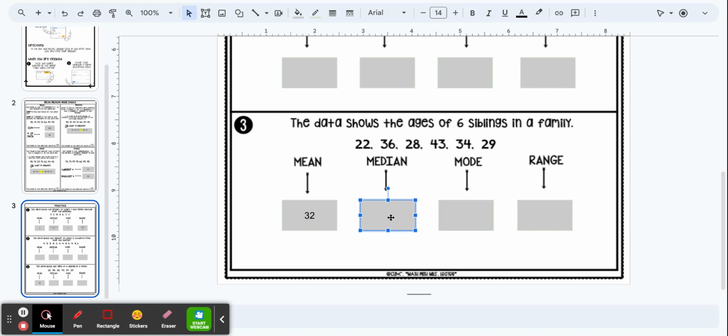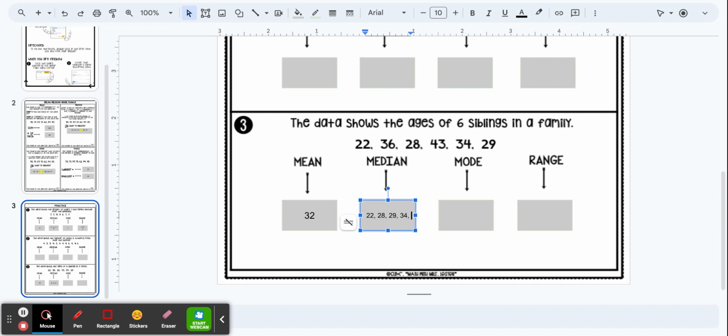Okay, so for our median, again, we have to put them in order from least to greatest. So let's start with the smallest, 22, then 28, then 29, then 34.